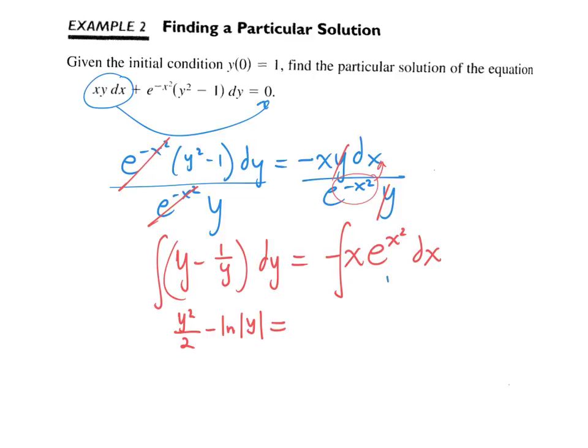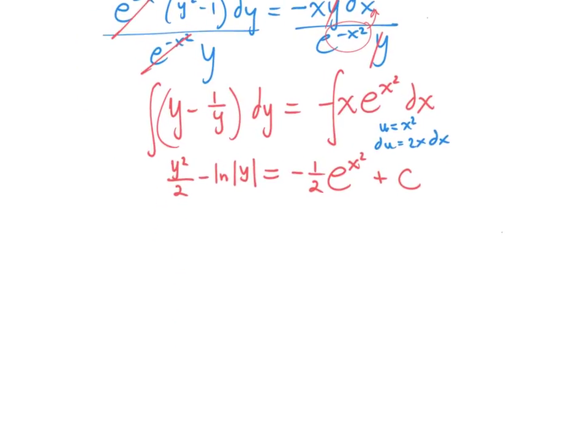So you said u is equal to x squared, so my du is going to be 2x dx, so that's going to be negative 1/2 e to the x squared, right? Plus c. Now we can apply our initial condition.